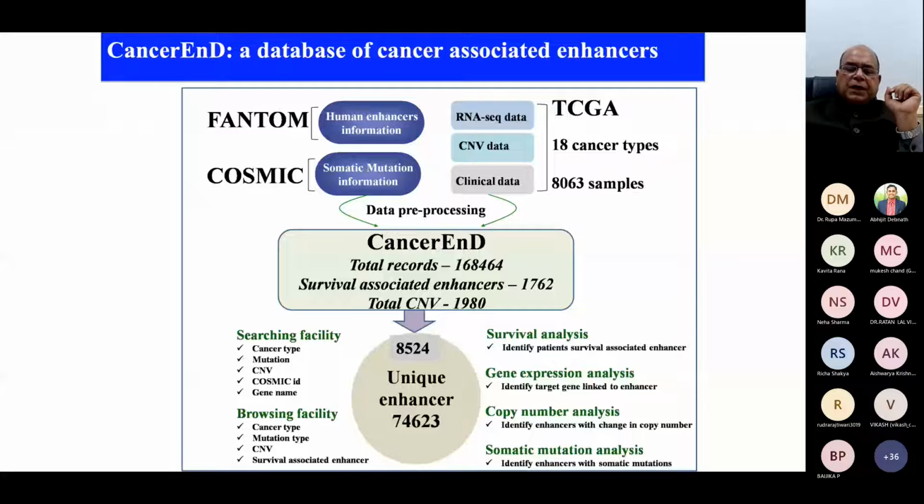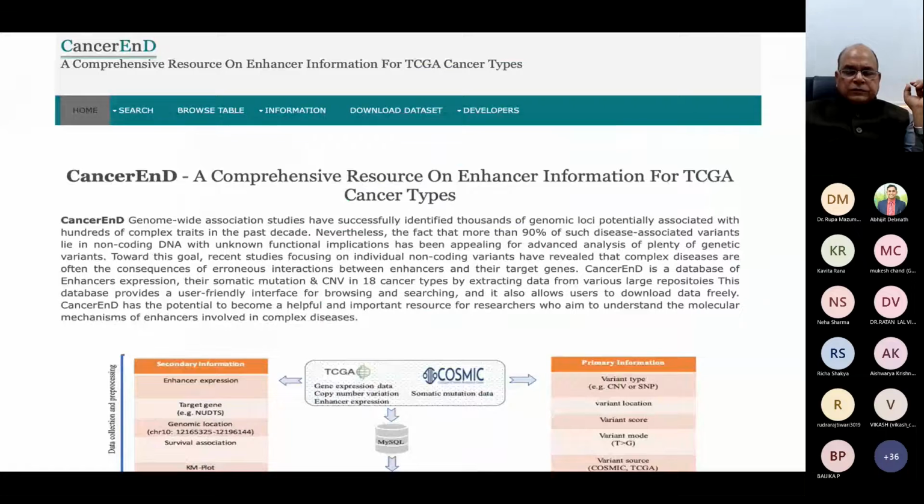And it has been shown in the past that the copy number of these enhancers directly impacts the survival of cancer patients. So we compiled all the information from different sources and put it into a cancer database. This is available, and you can use it again.